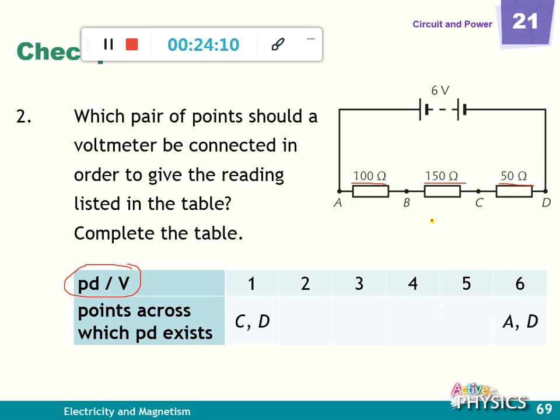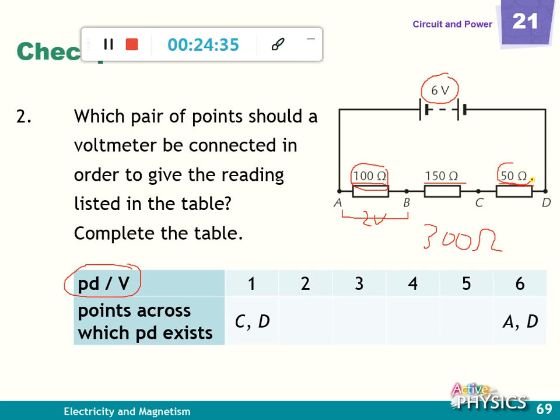Add them together should be 300 ohm in total. But this one will be 100. It means that this PD, potential difference across AB, should be only 1/3 of the EMF. 1/3 of the EMF should be 2 volt.